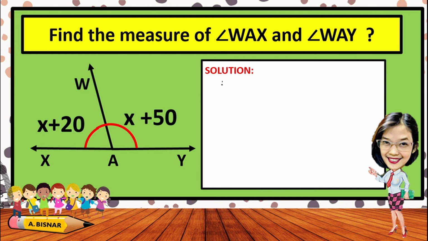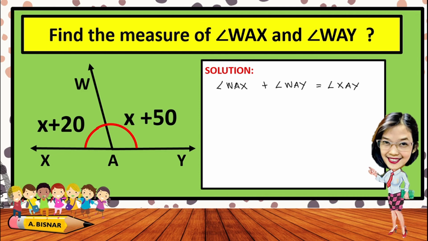So, angle WAX plus angle WAY is equivalent to the straight angle, which is angle XAY or angle YAX. So let's now substitute the given.